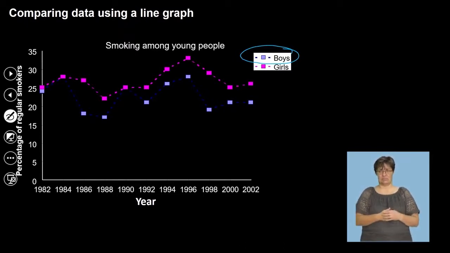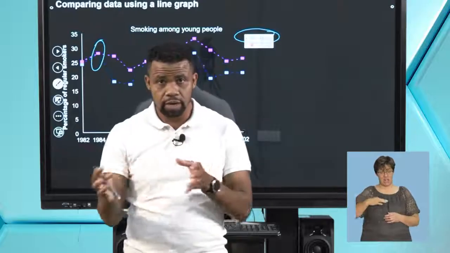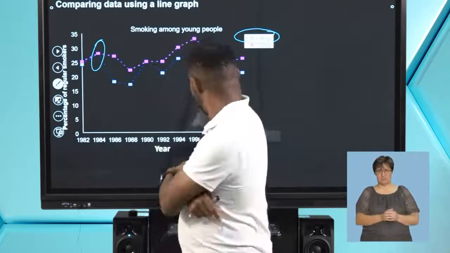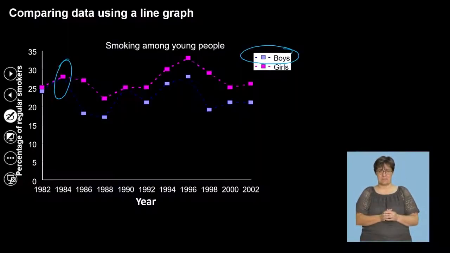So what does that tell us? In 1984, the percentage of girls and boys smoking was the same. And from there, the number of boys smoking decreases. Even the girls decrease, but slightly, whereas boys decrease at a higher rate.